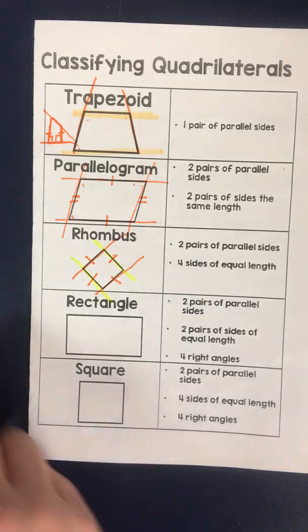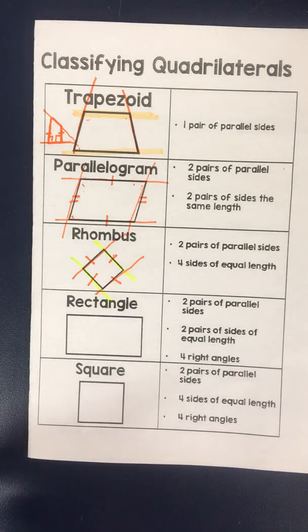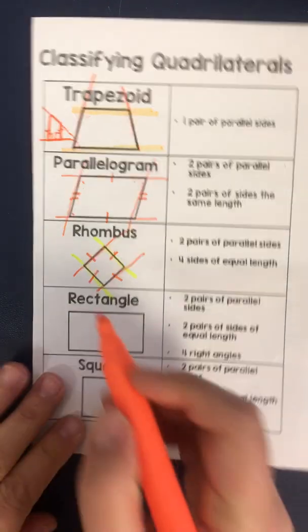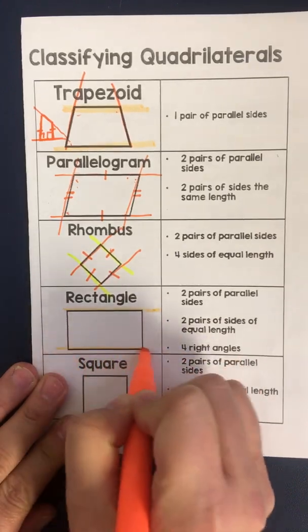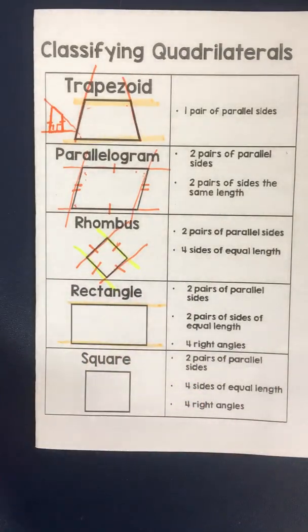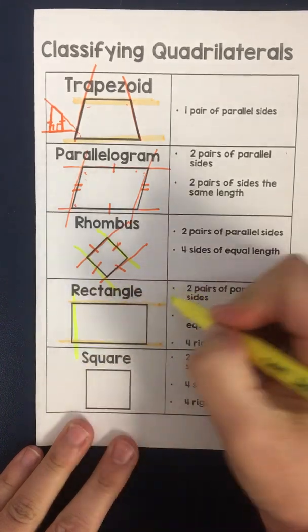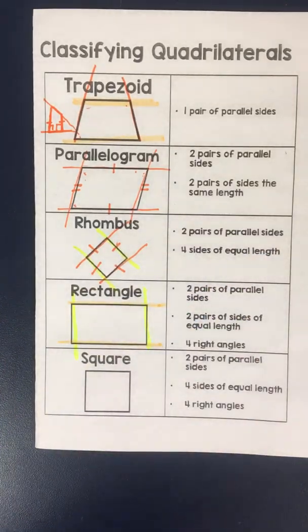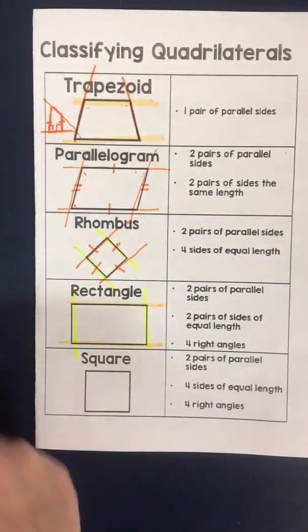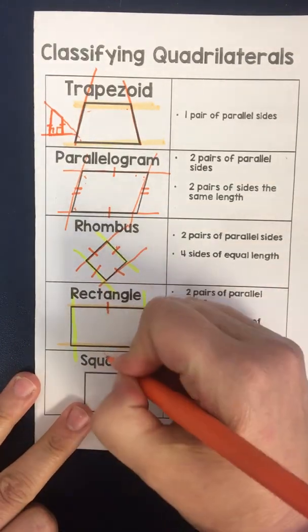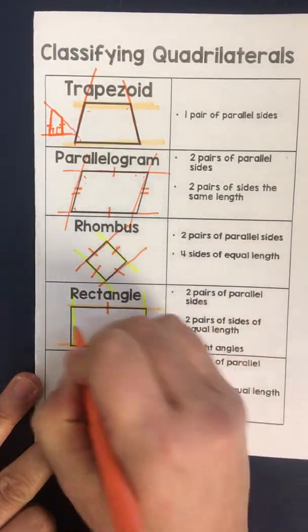A rectangle has two pairs of parallel sides. So there's one pair, and here's two pairs. Opposite sides are equal. So what does that sound like to you?